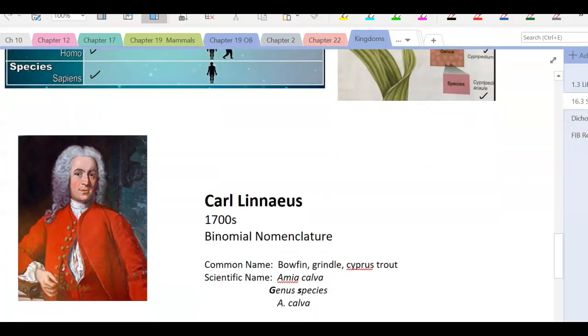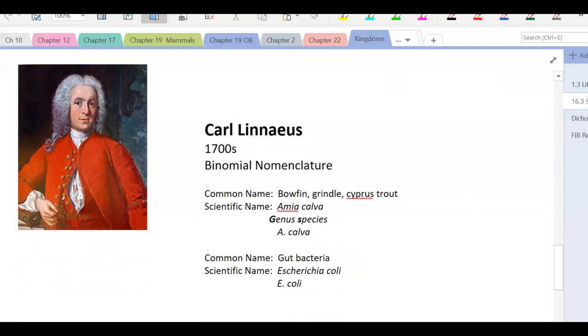I was mentioning to you earlier that scientists came together and agreed that scientific names should be Latin, and they should not focus on the common name. And so Carolus Linnaeus, Carl is what he was also known.